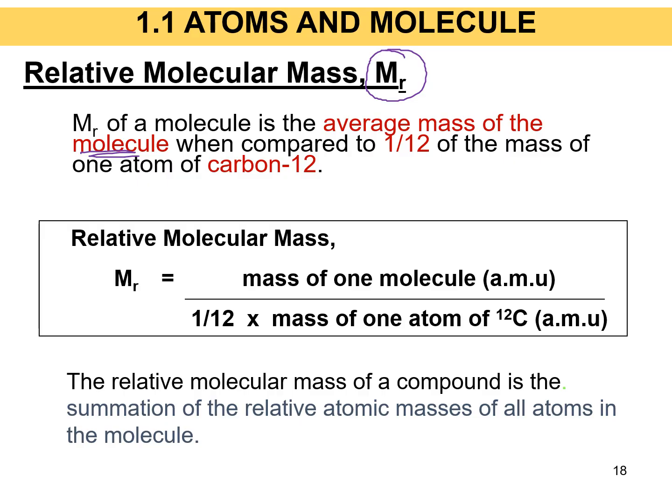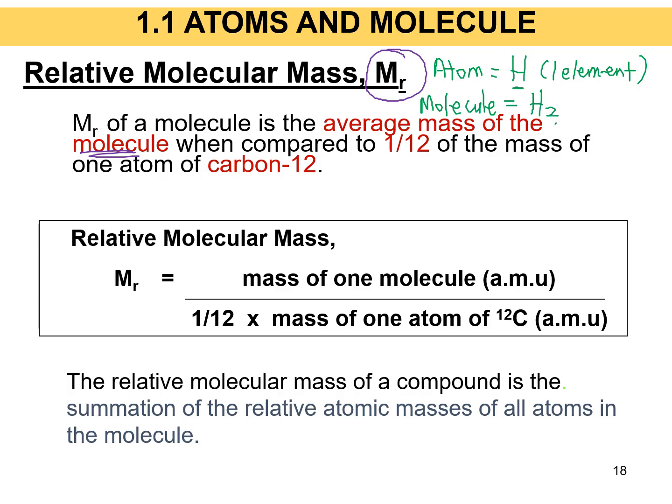Tadi kita cakap pasal relative atomic mass kan. Okay, kalau atom biasanya it consists of one element. Contohnya hydrogen atom. Hydrogen ni ada satu je kan. So atom is consists of one element. Okay, kalau let's say macam molekul, contoh molekul H2.